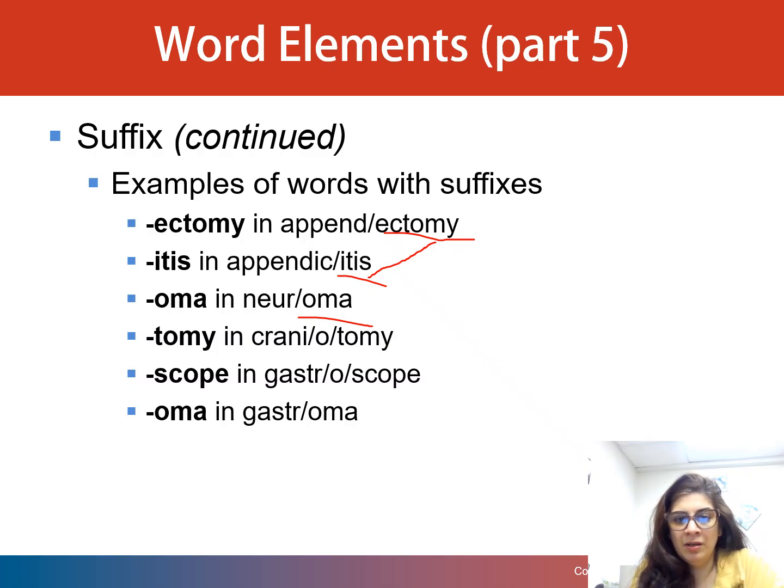And gastroma, on the other hand, would be the tumor of the stomach. So you can see how these suffixes completely change the meaning of a terminology, even though our word roots are the same, and so are our combining forms, but just the suffixes by themselves change the meaning of the entire medical terminology.